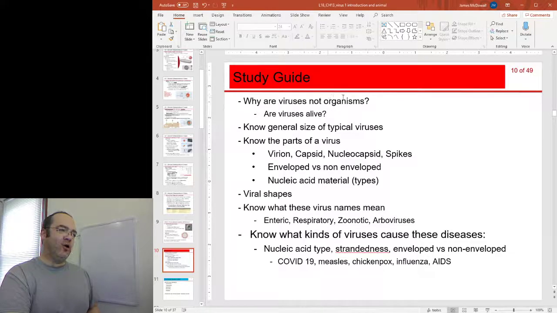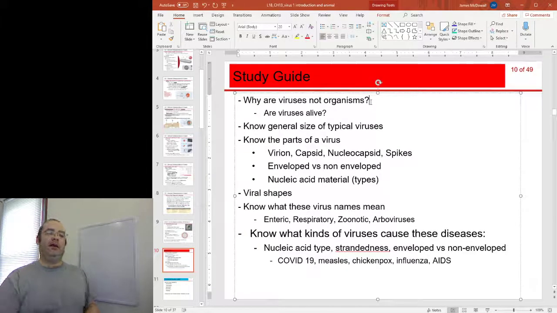So why are viruses not organisms? Because they have this phase when they are entirely inert. When they're outside of cells, they certainly are not alive because there are no chemical processes occurring. But then when they get into a host, they require a host. They are obligate. They have to get inside the host, and they steal all the host stuff. They either get inside, they steal the machines, and they steal the materials, or they get inside and they just steal materials.